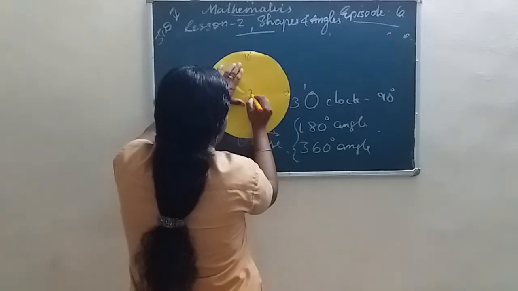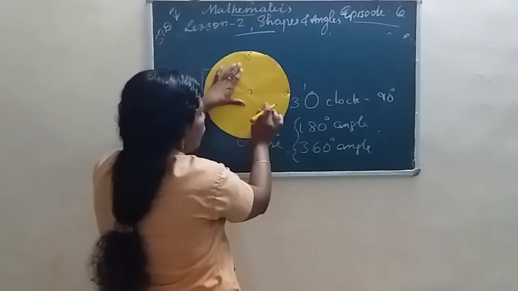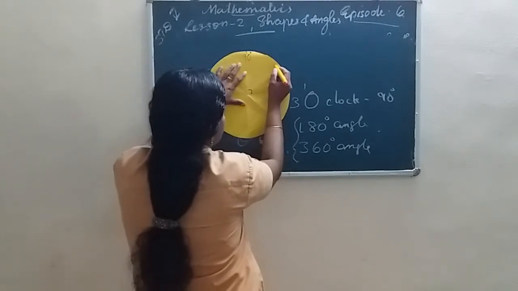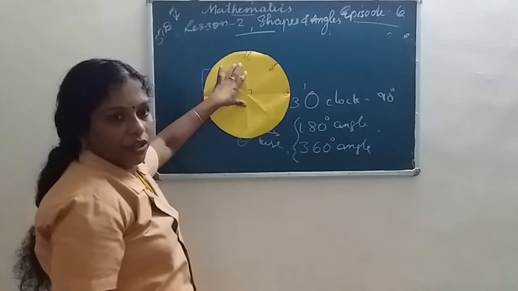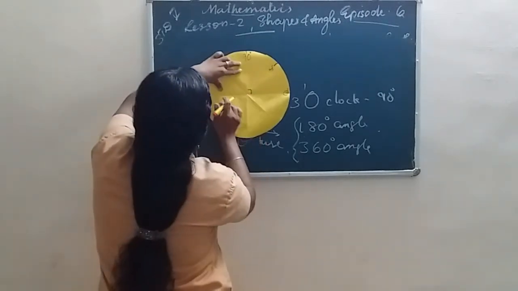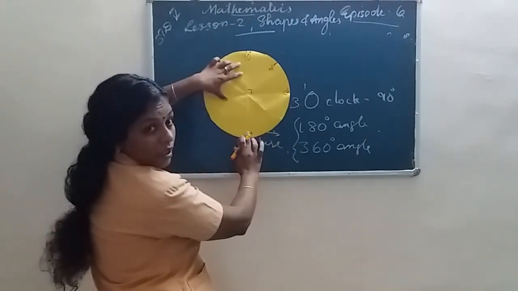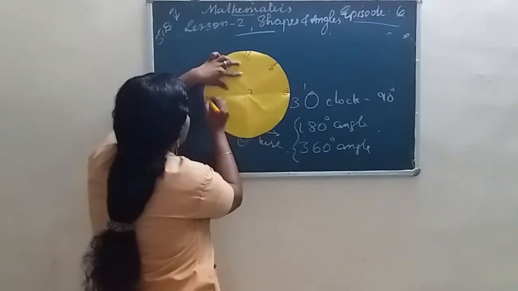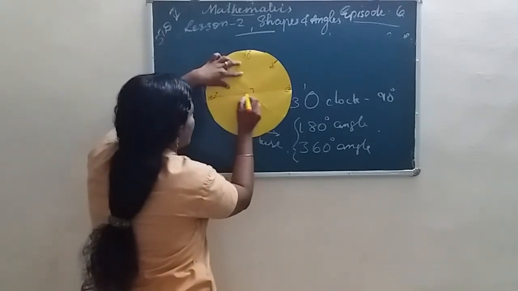This angle is 90 degree. So half of 0 and 90, this angle is 45 degree. So we know that in a clock, it goes 0, 45, 90. Next, here the angle is 180 degree.